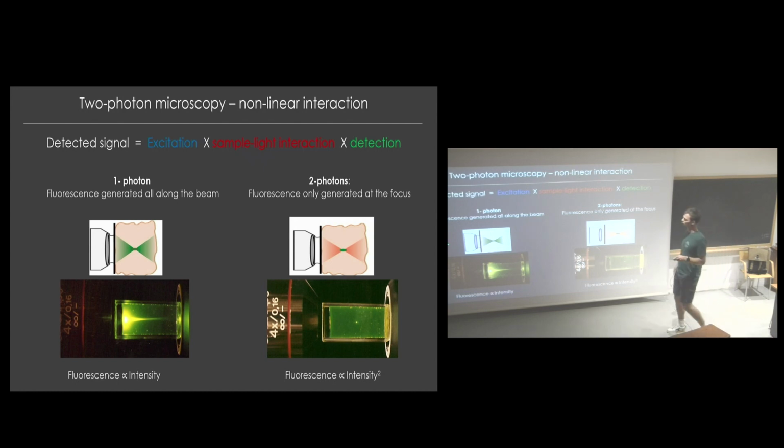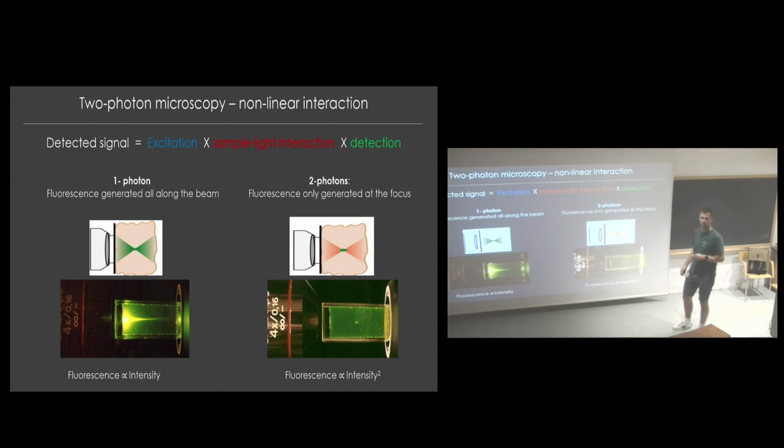So this is a comparison of 1 and 2 photon fluorescence, where in the previous case, as I said, we are producing a lot of fluorescence above and below the focus of your objective, of the focal plane. So basically, you want to focus here, but you are producing a big amount of out of focus fluorescence. And you can clearly see it on this picture.